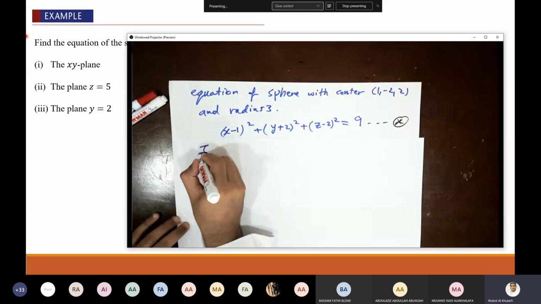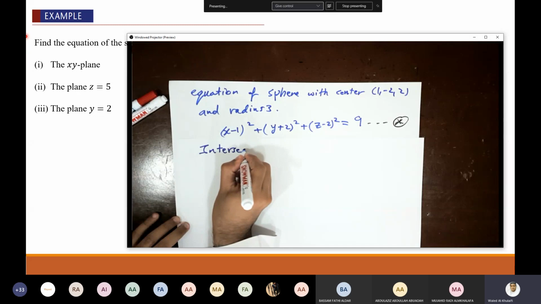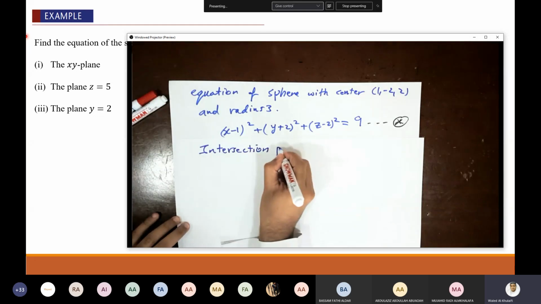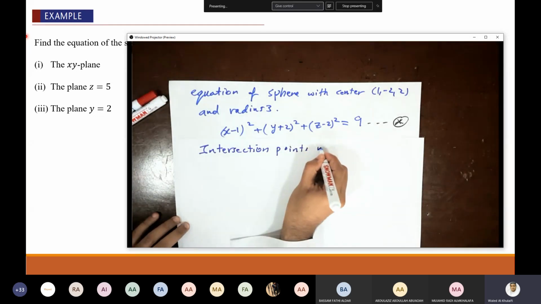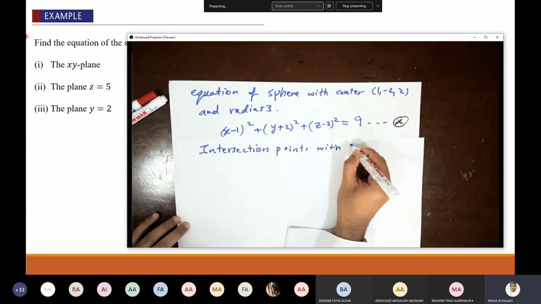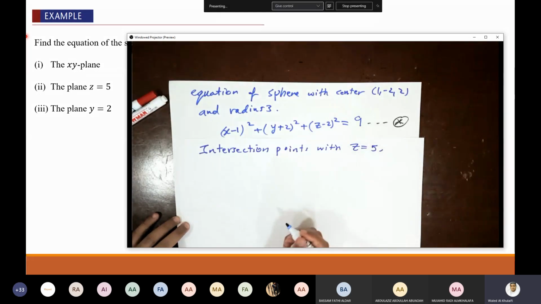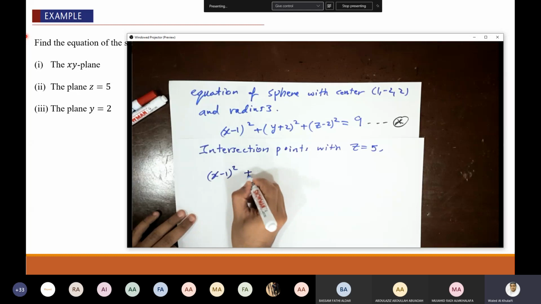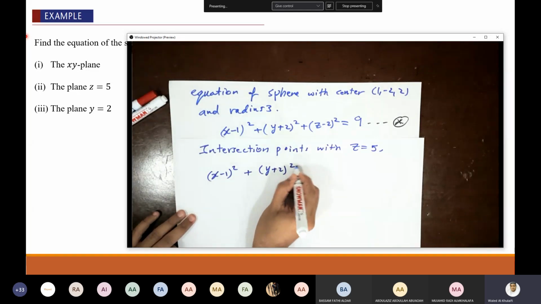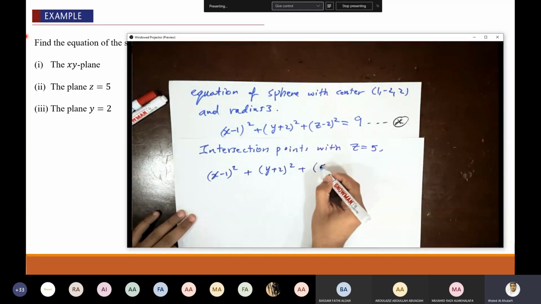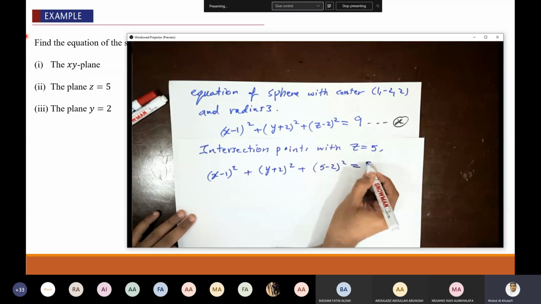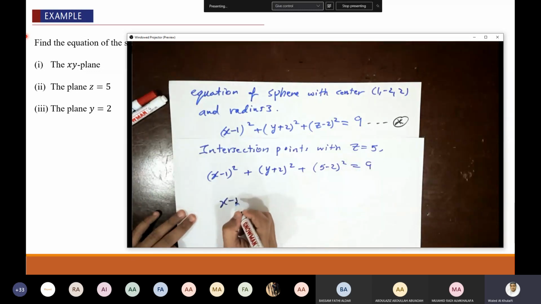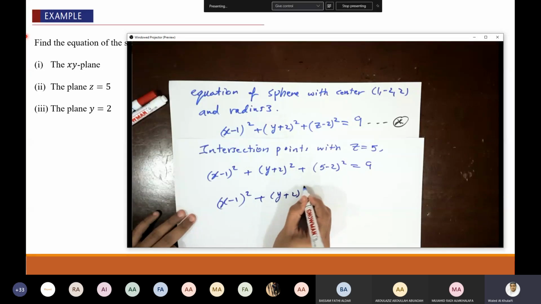Intersection points with z equals 5. So I will substitute. We have (x minus 1) squared plus (y plus 2) squared plus (5 minus 2) squared equals 9. So you have (x minus 1) squared plus (y plus 2) squared plus, how much does it come to here, guys?